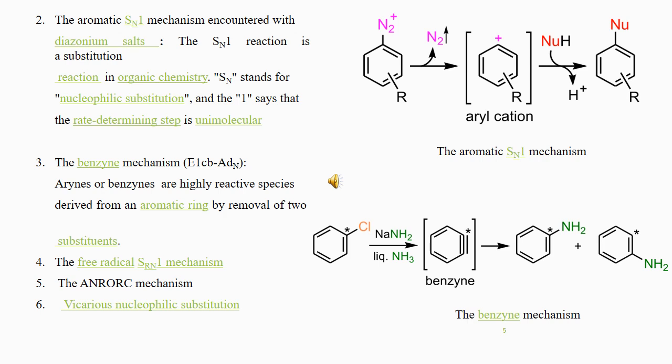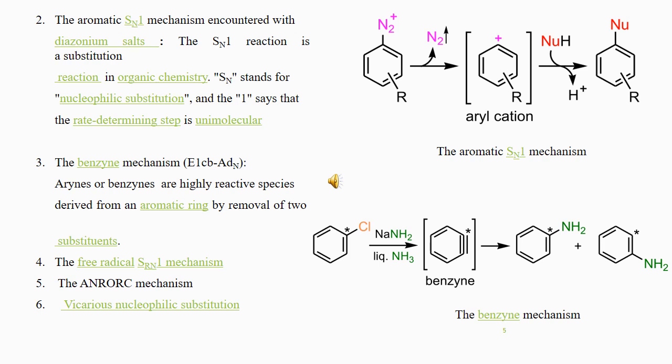Now the SN1 reaction is a substitution reaction in organic chemistry. SN stands for nucleophilic substitution, and 1 says the rate determining step is unimolecular. If you remember, unimolecular reactions are two-step reactions and bimolecular reactions are single-step reactions.